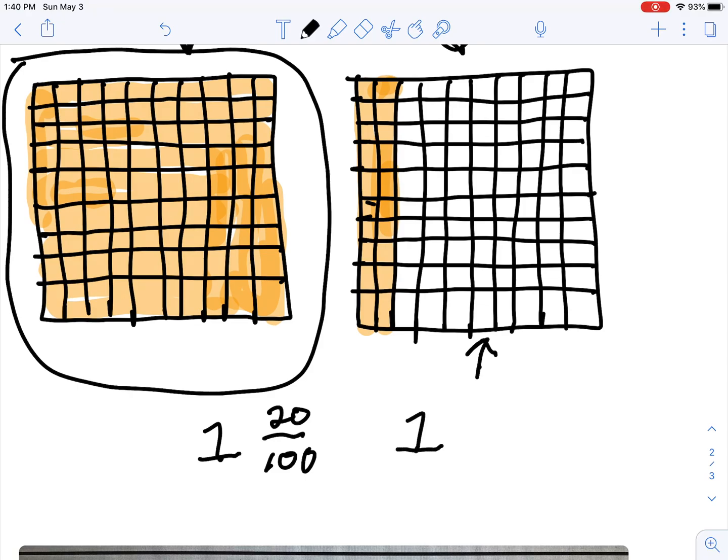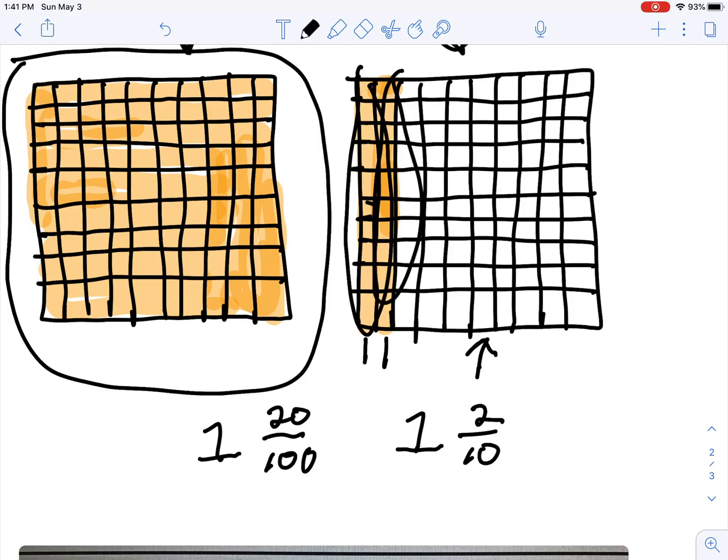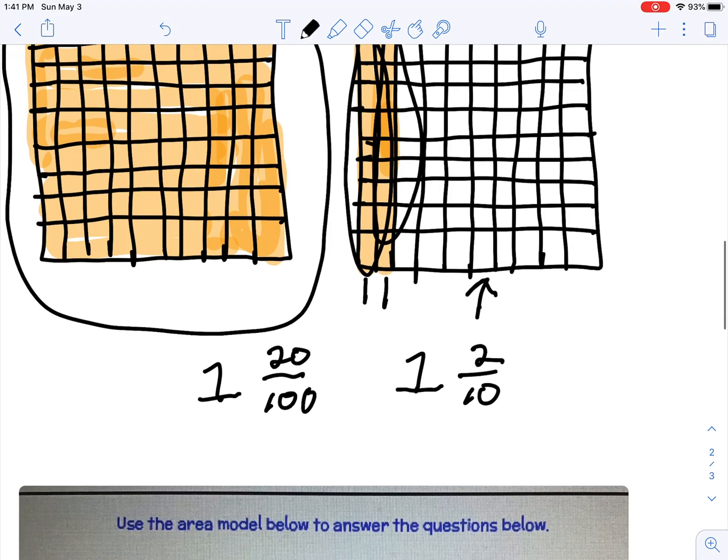Another possible answer for this, if you really understand this, some of you might have noticed, since all the squares in this row and this row were shaded in, 20 hundredths is the same as 2 tenths, because 2 whole columns out of 10 whole columns are shaded in.